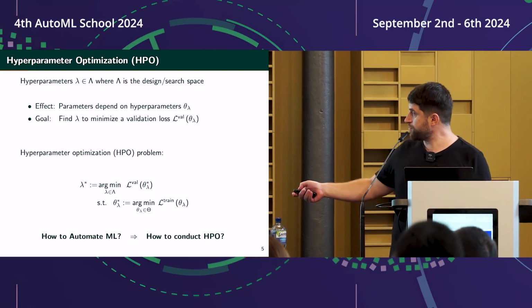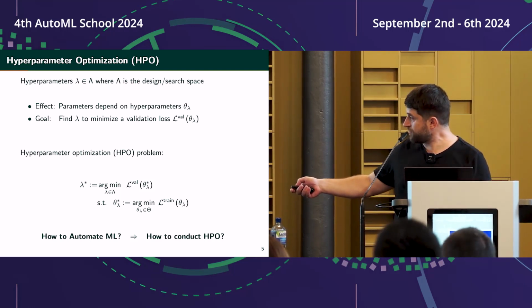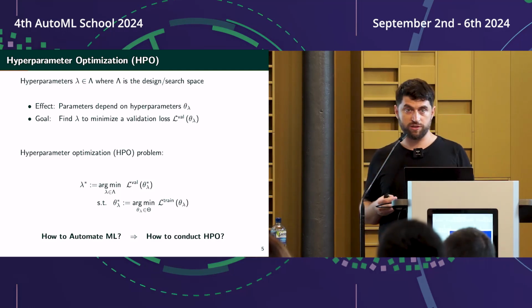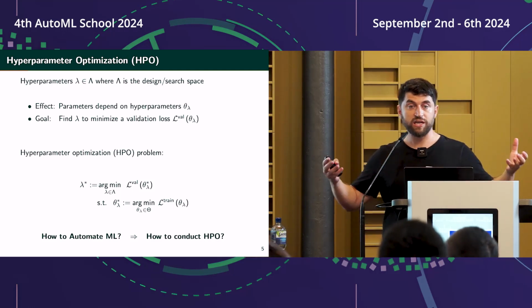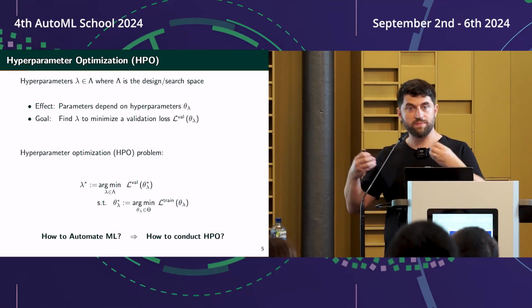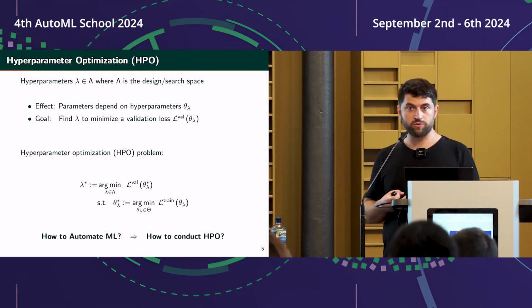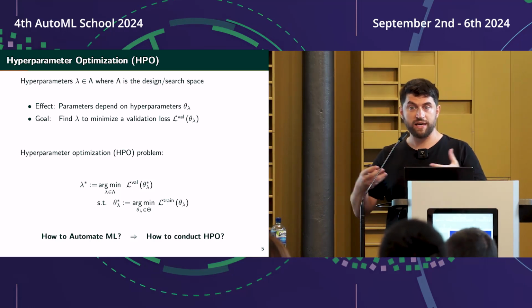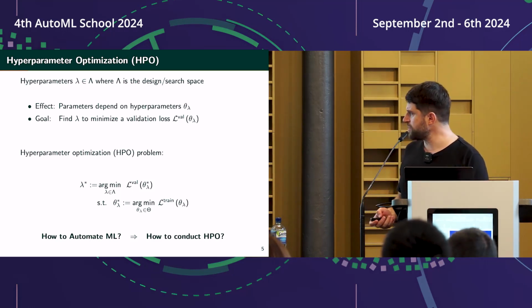So it is bi-level because the low-level objective, the optimal weights, depends on what hyperparameters you choose. If you choose different learning rates, then of course the weights of the neural network are going to converge to different local optima, and as a result, the parameters depend on the hyperparameters.